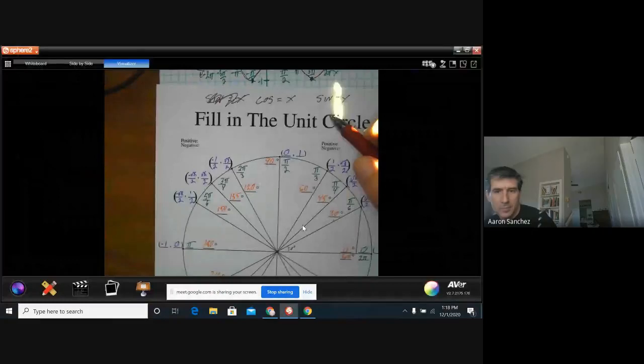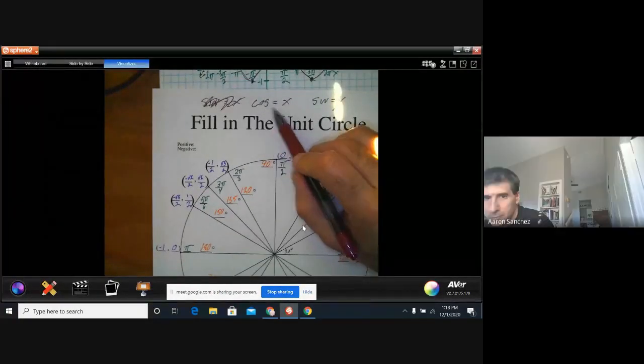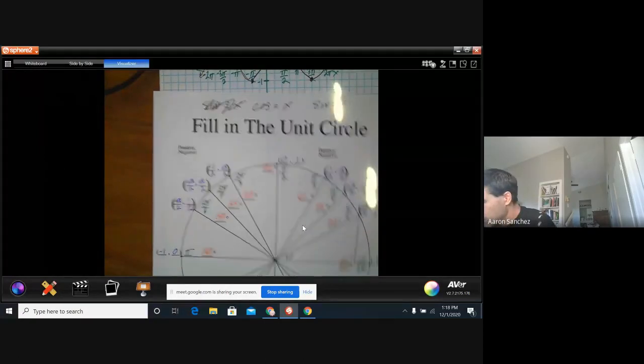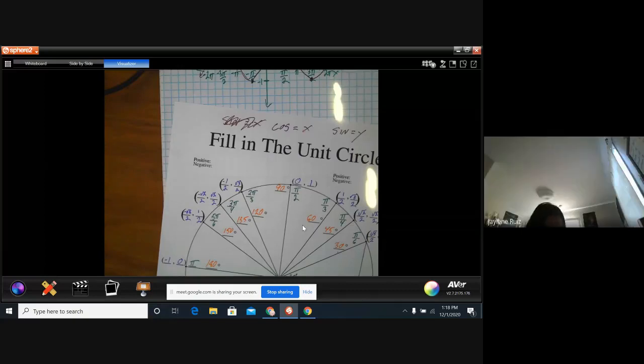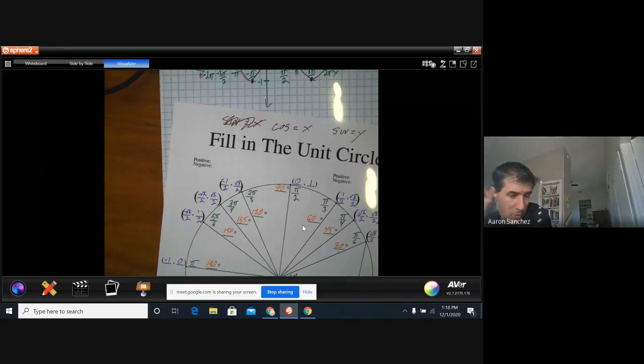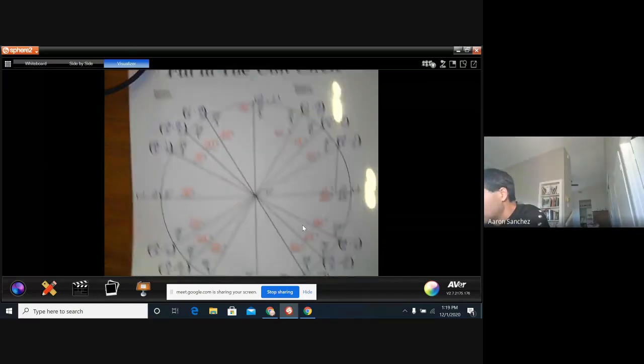Okay, Jaylene, are you looking at my screen? Yeah. What is cosine equal to? X. Cosine's equal to x. Look at your unit circle. What's cosine of 2 pi? I don't know.